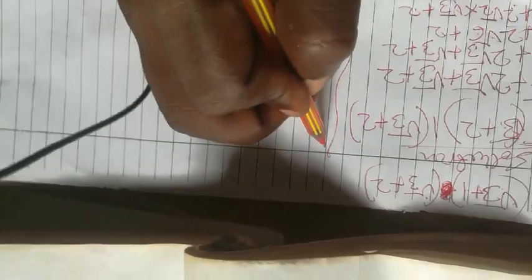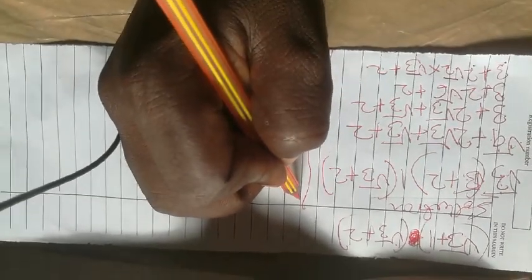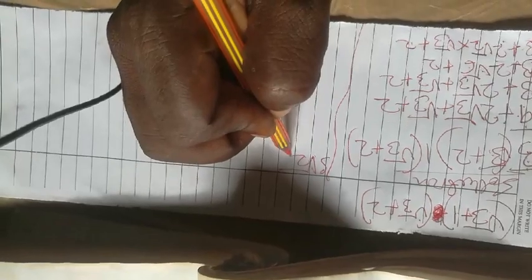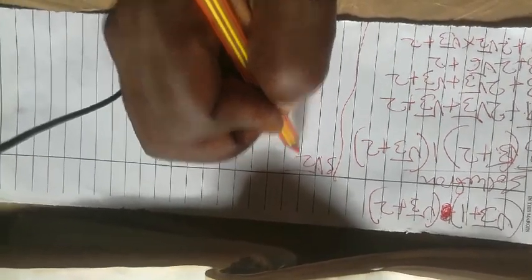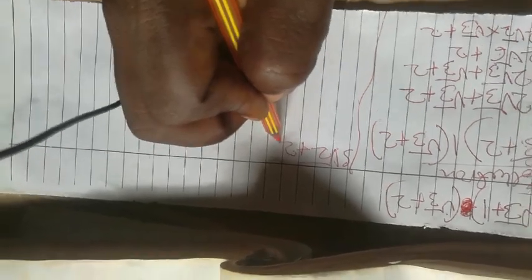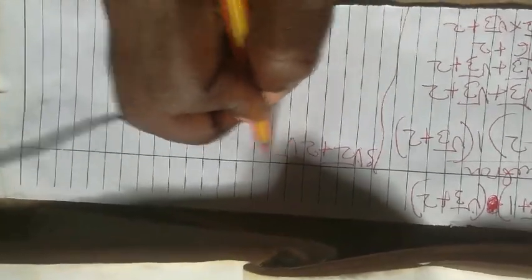This will be 3 plus 2 is 5 root 2 plus 2 plus 2 root 3, and this is our final answer. If you follow our working, this is our final answer.